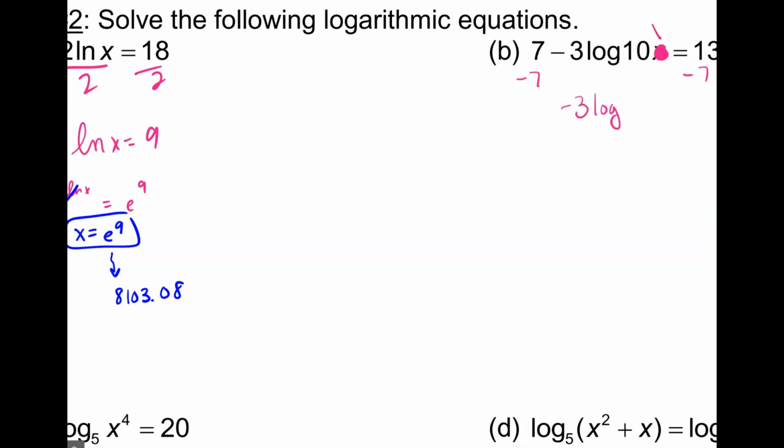This should be 10 to the x power. That's not log 10 x, it's log 10 to the x. Because I'll show you what happens if I didn't do that.